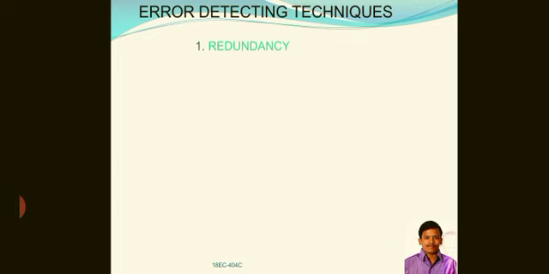The first one, a very popular and very simple method, is redundancy. This is the first technique we use to find out whether errors occurred or not. The second one is ecoplex. Third, exact count encoding. Next, the parity method.